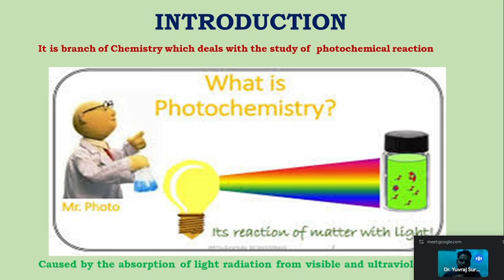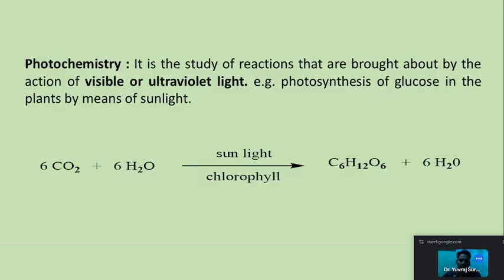The molecules undergo energy absorption in the ultraviolet and visible region, and the molecule goes to the excited state. After the excitation, the molecules have some energy. When the molecules come back to the ground state, some form of energy will be released, and that is photochemistry.